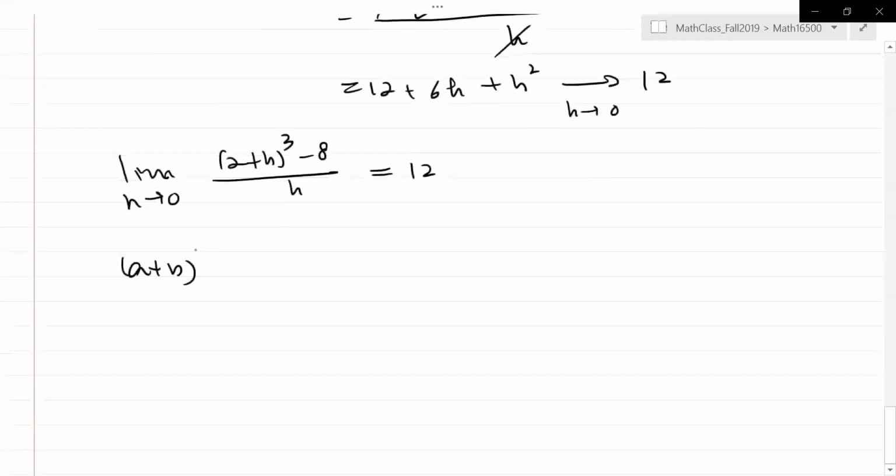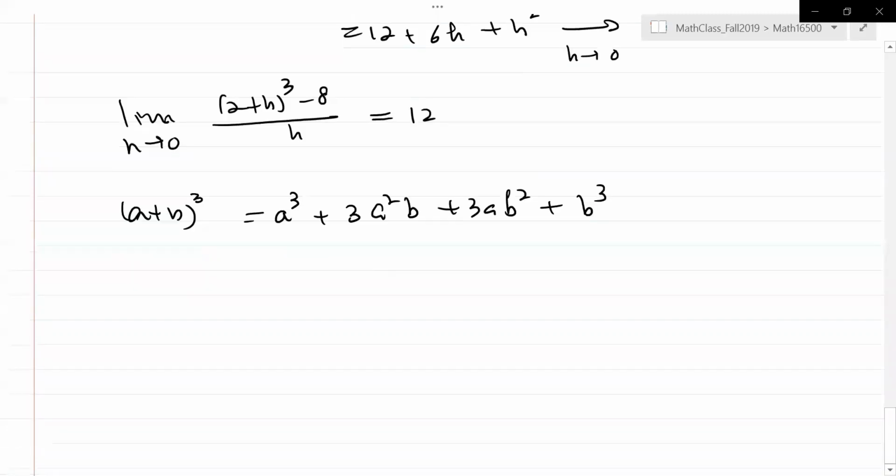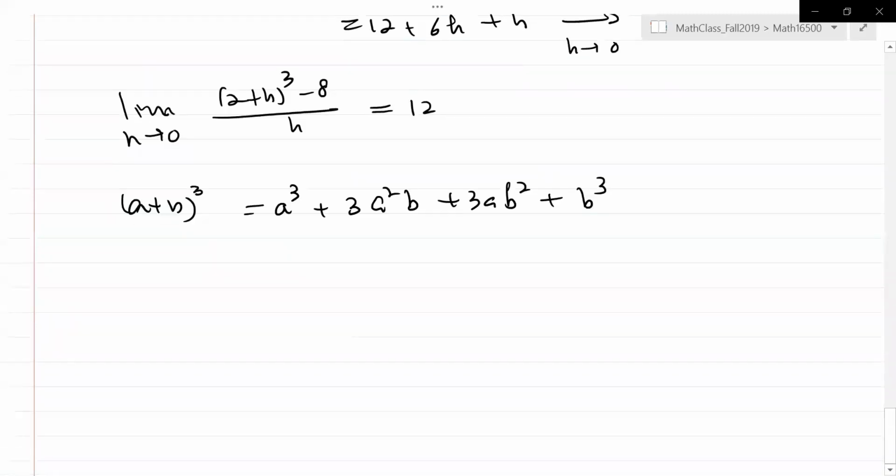Let's recall some formulas. You may need them when doing homework. So (a plus b) cubed is a cubed plus 3a squared b plus 3ab squared plus b cubed. Another one is a cubed minus b cubed.